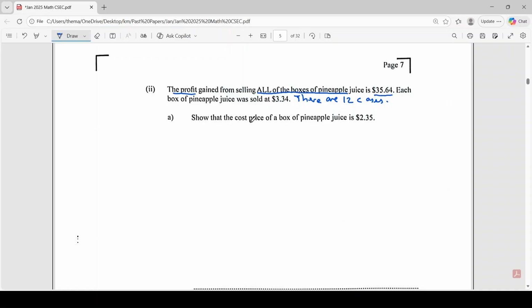Right. So to get the cost price, that would be the selling price minus your profit.